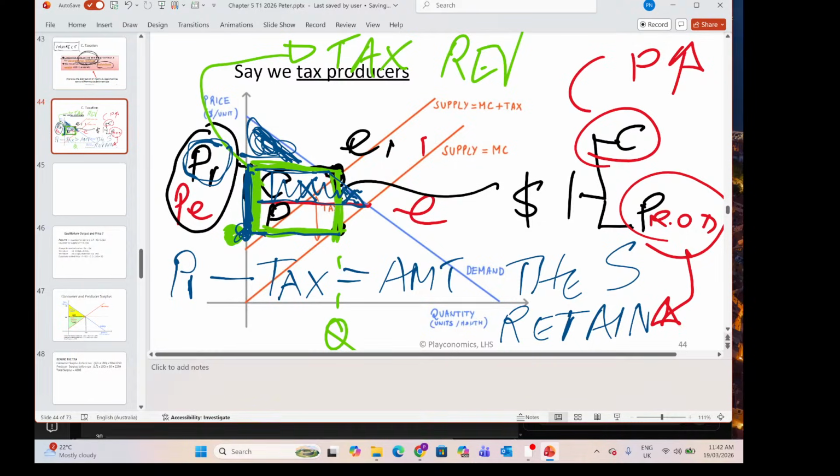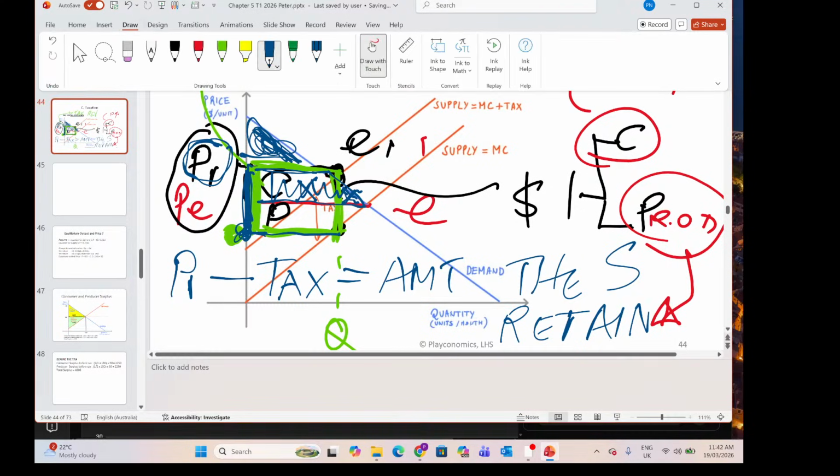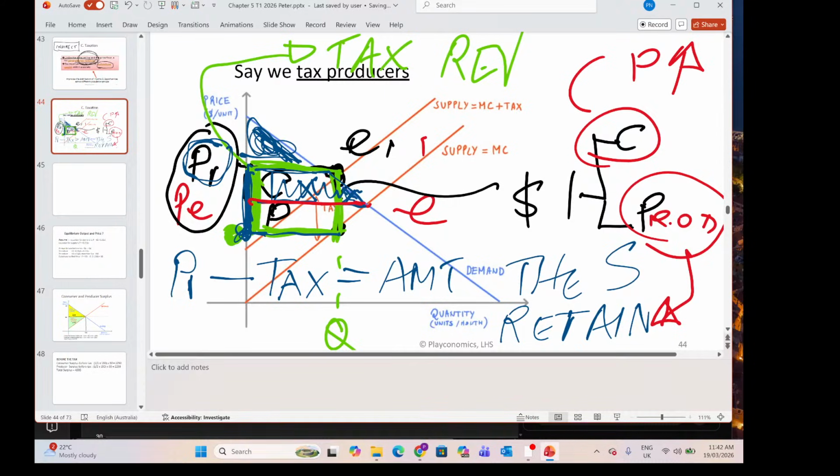And how much have the producers lost of their surplus? The producer surplus was the red area. Producers have lost part of it, but now the producer surplus is just the red area that I'm shading. So what have the producers lost?